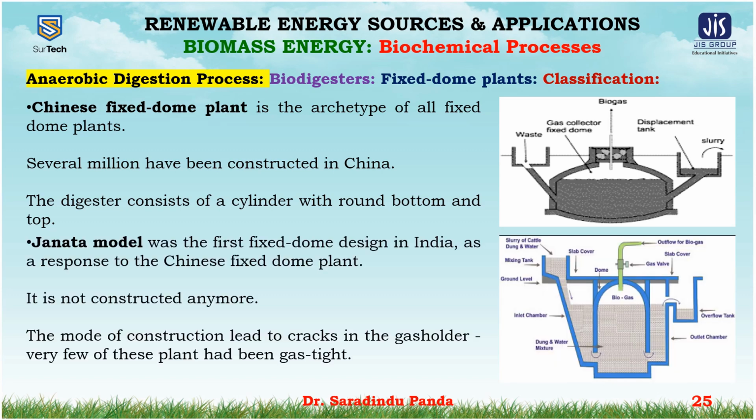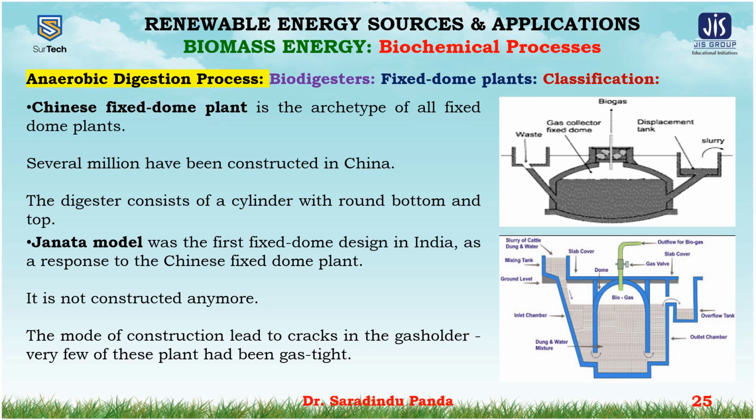The second type is called the Janata model. The Janata model was the first fixed dome design in India, as a response to the Chinese fixed dome plant, developed by the Research and Action Division, Lucknow in 1978. It is not constructed anymore.